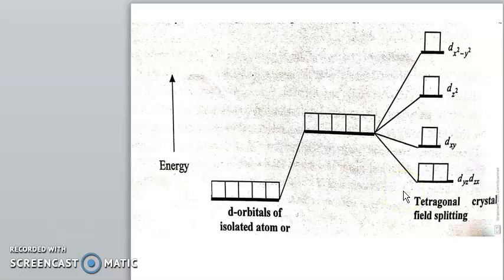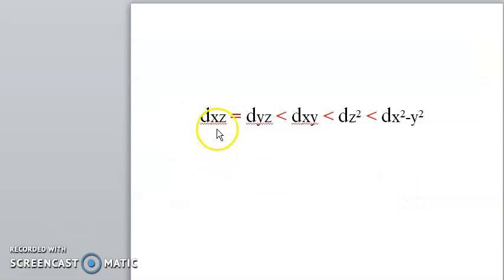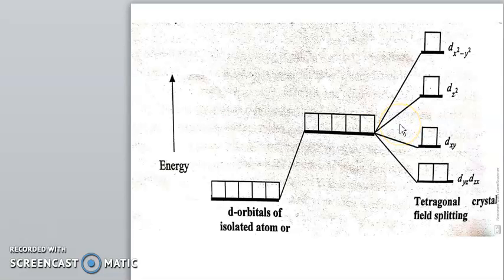So the sequence of these energy levels is dxz = dyz < dxy < dz² < dx²-y². Okay, this is the crystal field splitting in a distorted octahedral field.